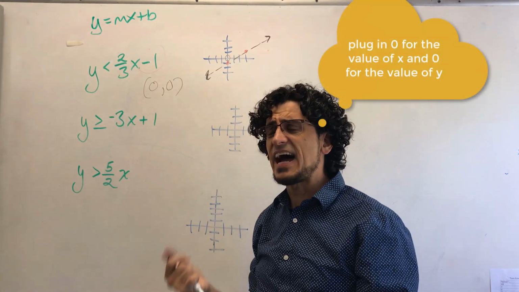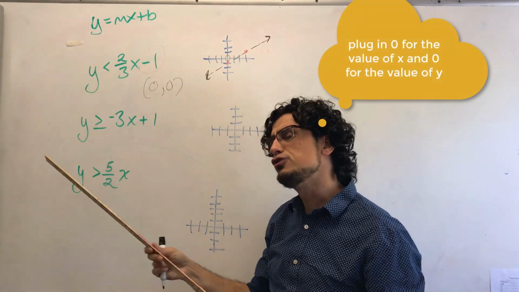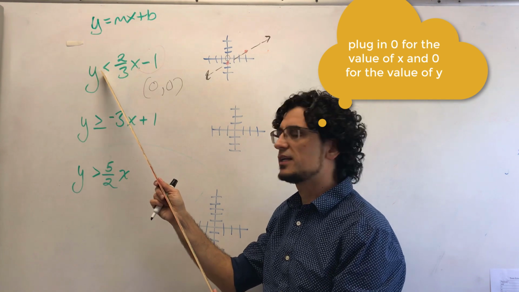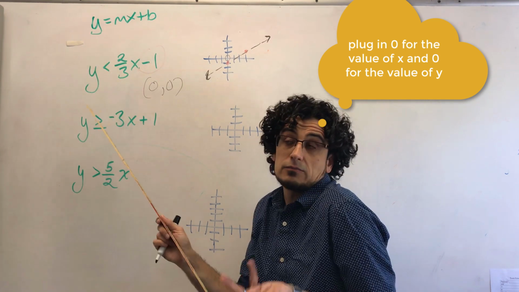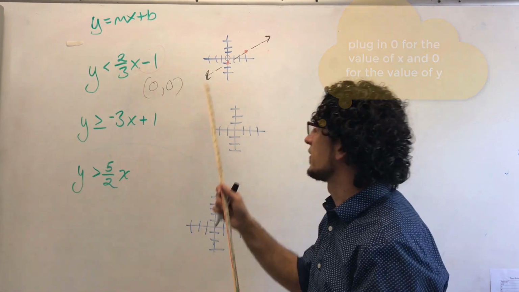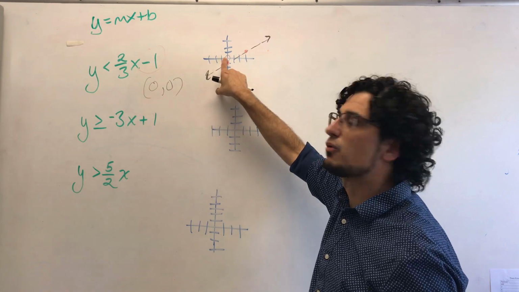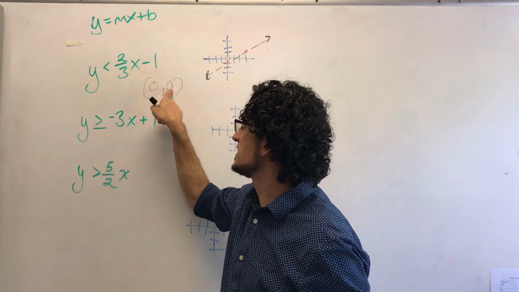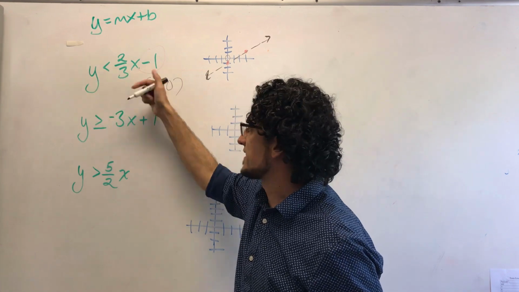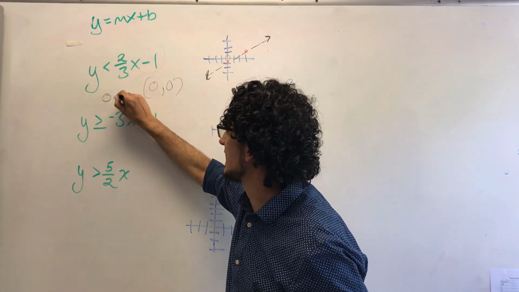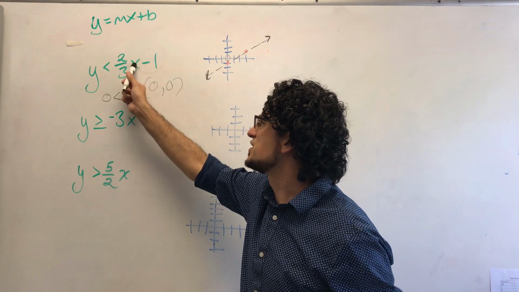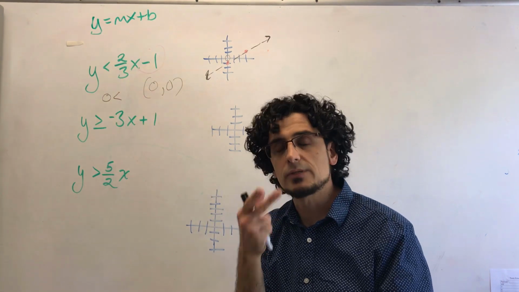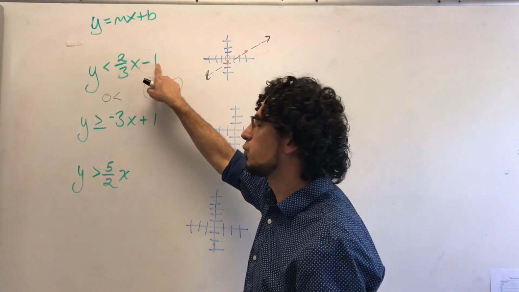All right? And then I check to see if it's a true statement once I plug it in. Okay, so where do I get 0, 0 from? It's this point right here. I'm plugging it in to check. So I plug in 0 for y and 0 for x, which tells me 0 is less than, what is 0 times 2/3? It's 0. And then what's 0 minus 1?